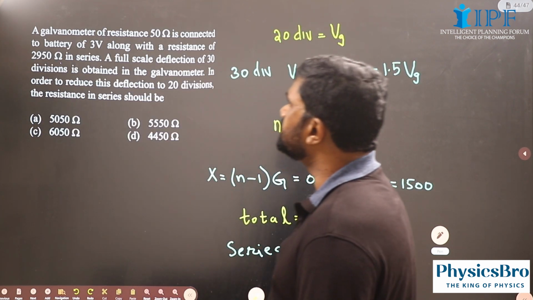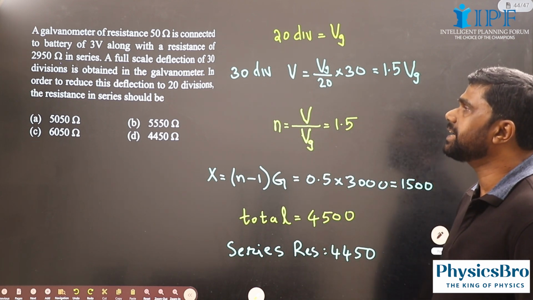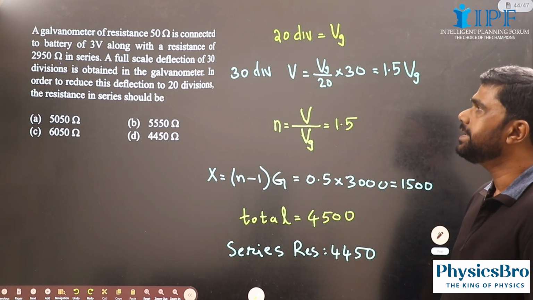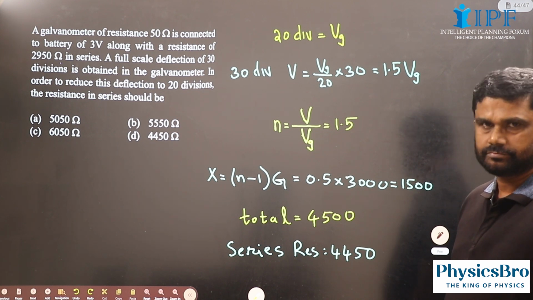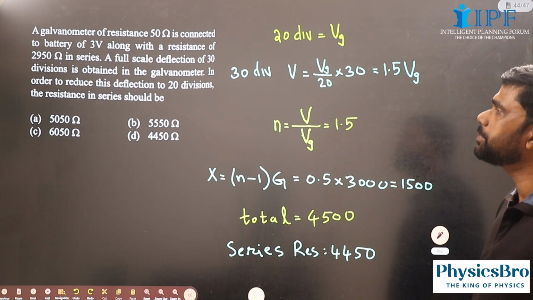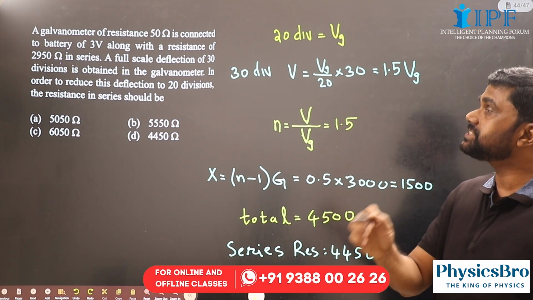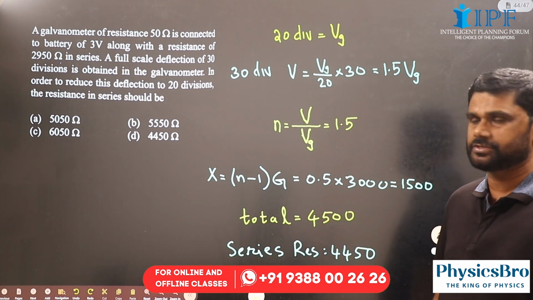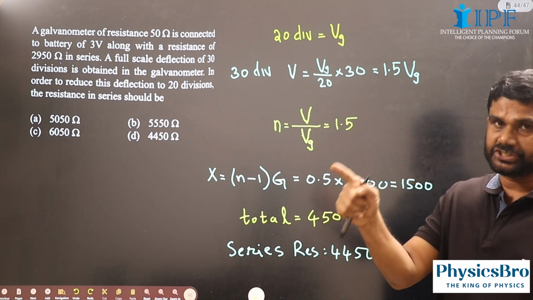Next, a galvanometer of resistance 50 ohm is connected to a battery of 3 volt along with a resistance of 2950 ohm in series. A full scale deflection of 30 divisions is obtained in the galvanometer. In order to reduce this deflection to 20 divisions, now the full scale deflection is Vg.